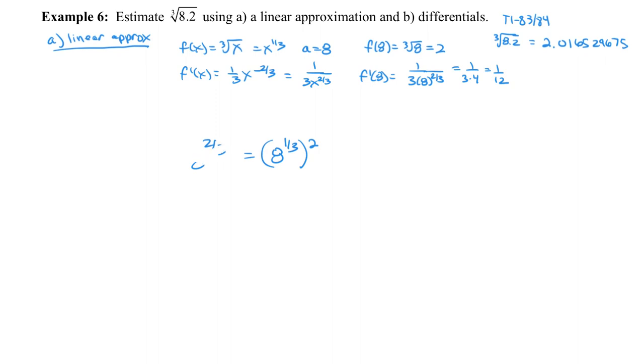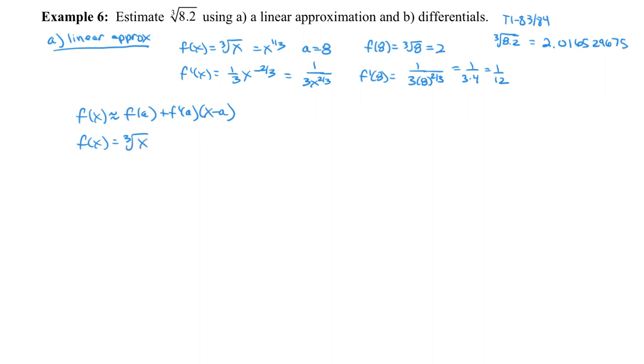Okay, so let's make this a little bigger. There we go. Okay, so we've got f of 8, f prime of 8. So now we're ready to go. We can start working this out. We know that f of x is approximately equal to f of a plus f prime of a times (x minus a). So if we plug this in, our function f of x is the cubed root of x, and we know that's approximately equal to f of a, which is 2, right?